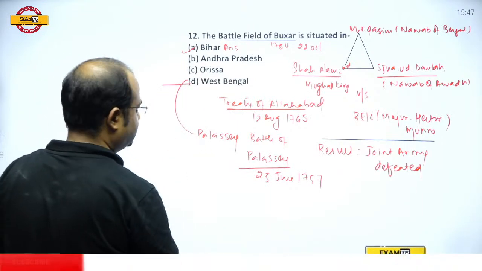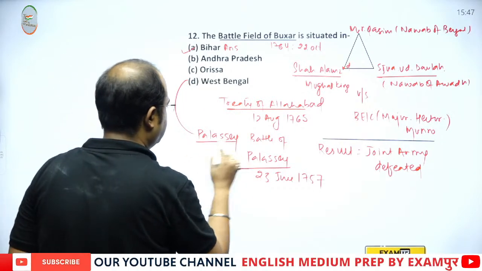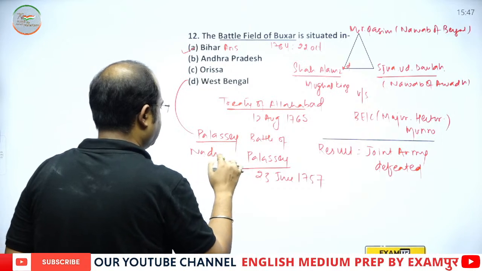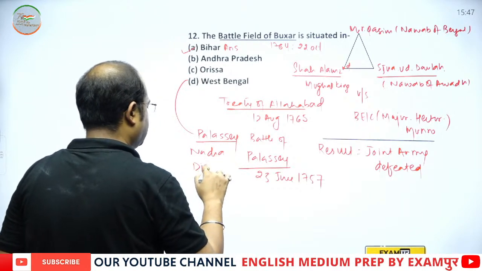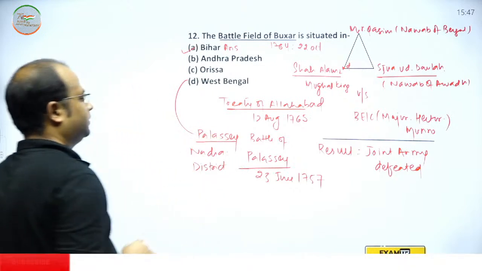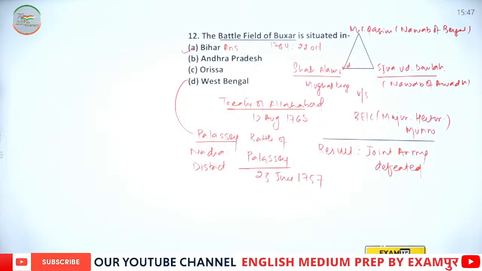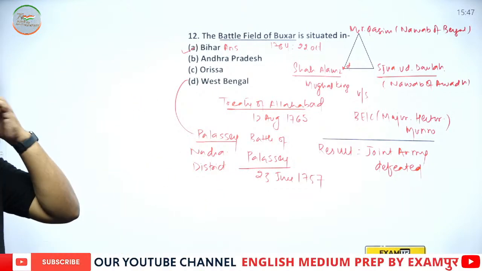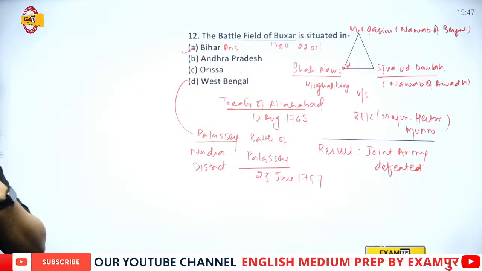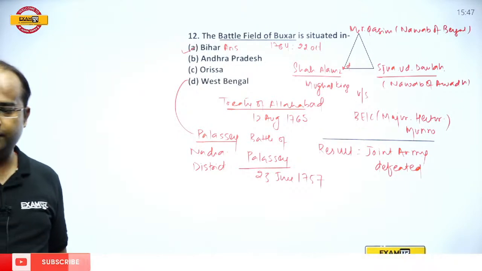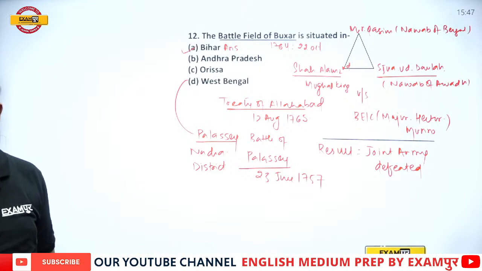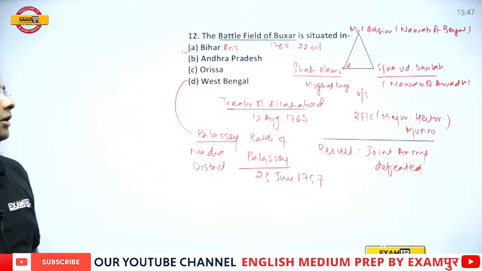So Palasi is in Nadia district of West Bengal. So the correct answer will be, guys, option A, that is Bihar. So the battlefield of Buxar is located in Bihar.